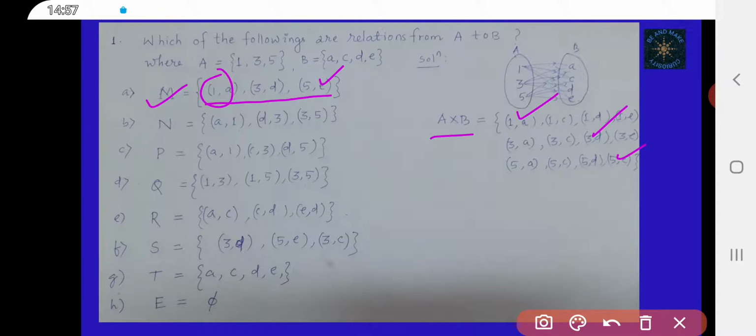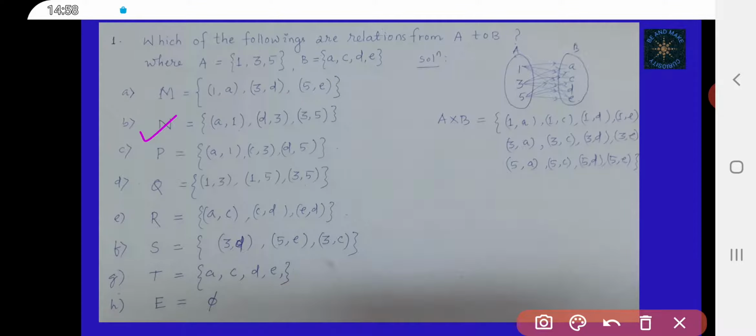So every element of set M is in A cross B. So M is a subset of A cross B. So M is a relation.